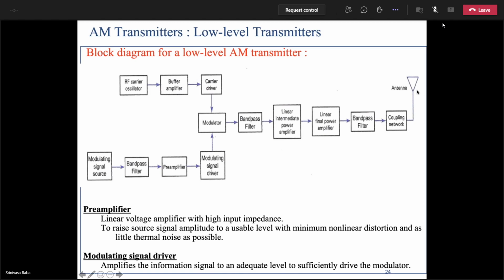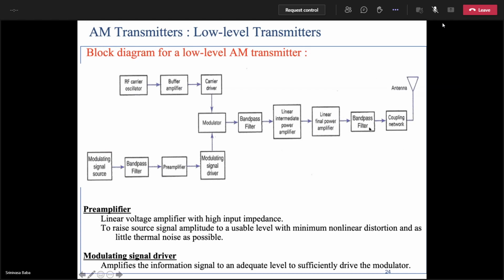If Z is not exactly equal to ZA, then as per the maximum power transfer theorem, maximum power will be delivered to the load from the source if and only if the source impedance and load impedance are properly matched, that is, complex conjugates of each other. If ZS, the source impedance, is equal to ZL complex conjugate, then maximum power will be transferred.